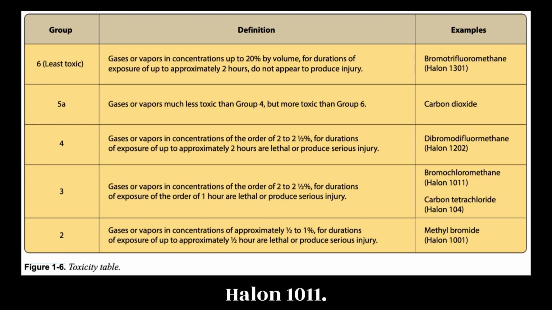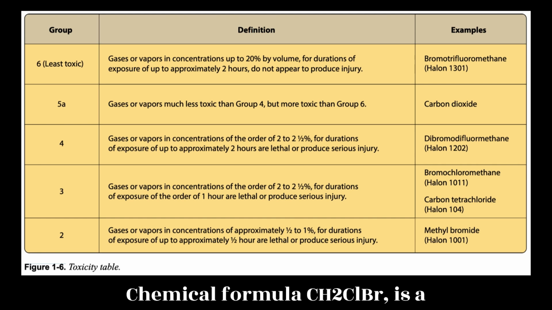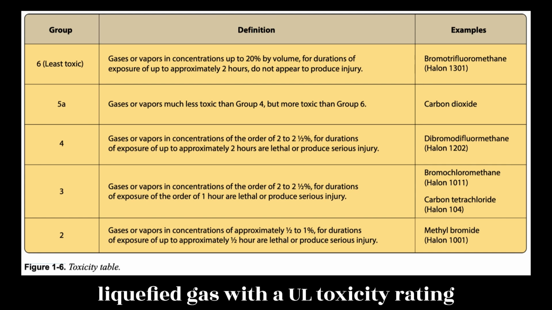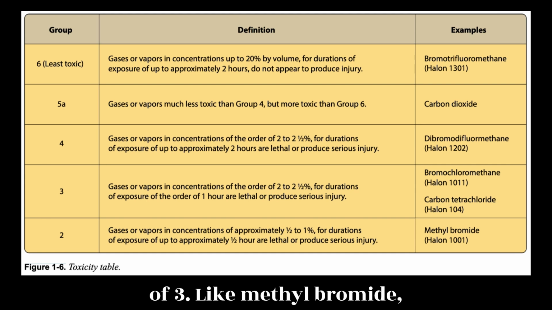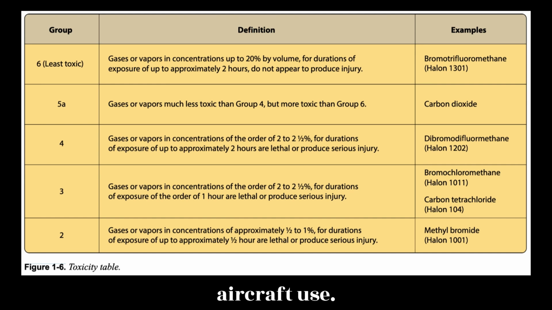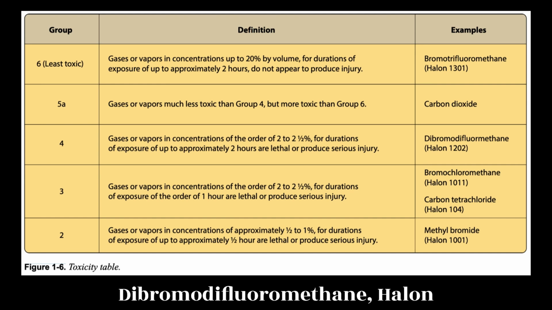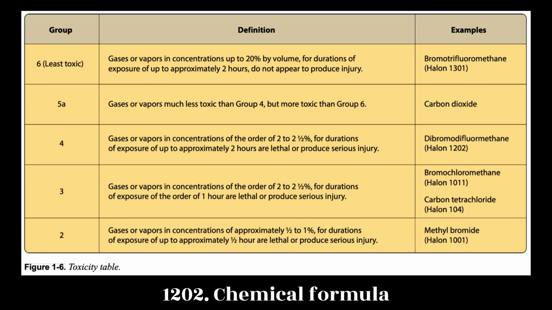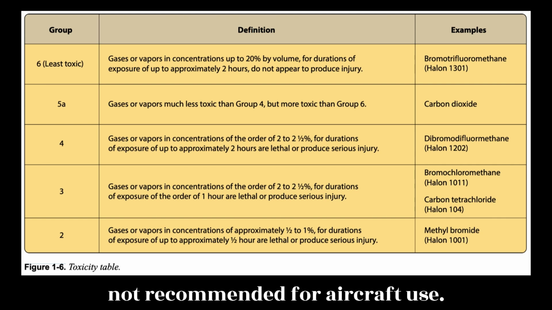Chlorobromomethane, halon 1011, chemical formula CH2ClBr, is a liquefied gas with a UL toxicity rating of 3. Like methyl bromide, halon 1011 is not recommended for aircraft use. Dibromodifluoromethane, halon 1202, chemical formula CBr2F2, has a UL toxicity rating of 4. Halon 1202 is not recommended for aircraft use.